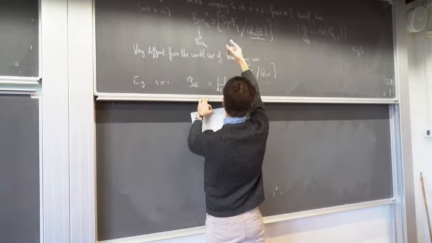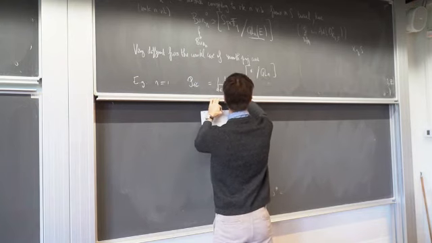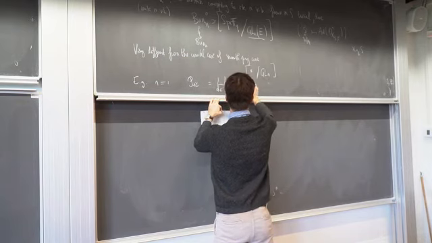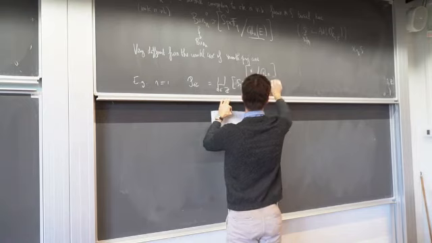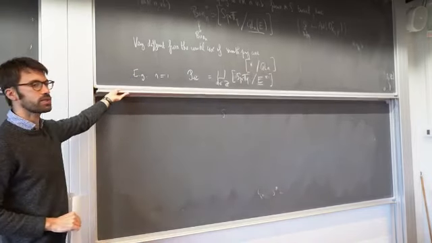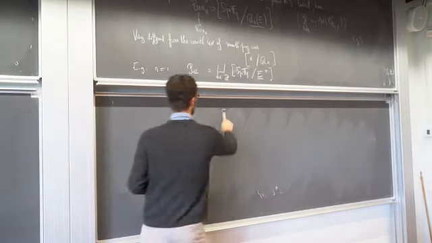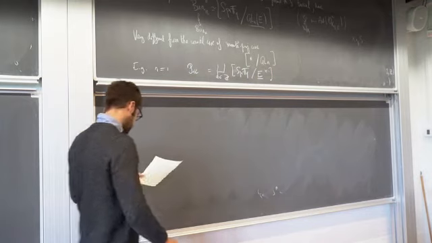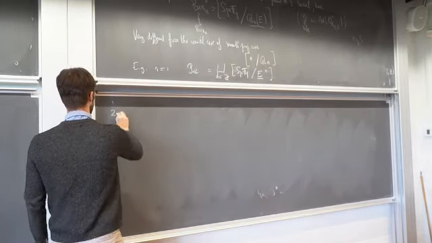The thing I explained for the trivial bundle works as well for O of D. And what you see is just a union of the classifying stacks of GL1. So this is what this stack looks like. Okay, this was fact 1.